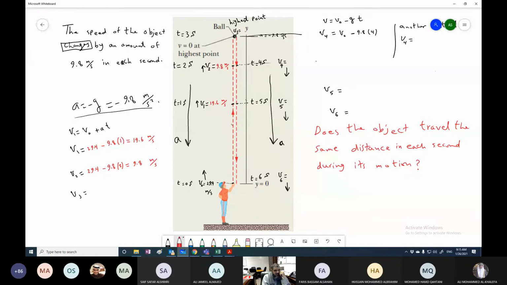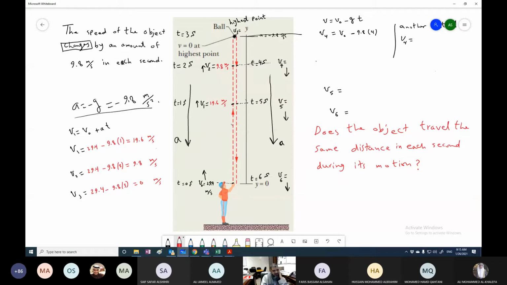One more second, when the time is equal to 3 seconds, what will be V3? It will be 0. 29.4 minus 9.8 multiplied by 3 equals 0 meters per second. Now it is coming down.